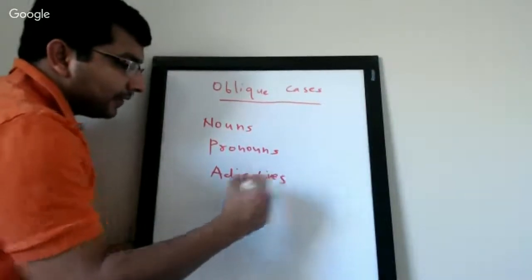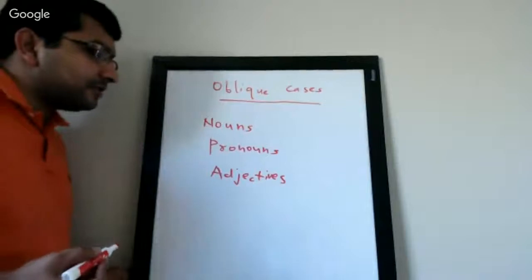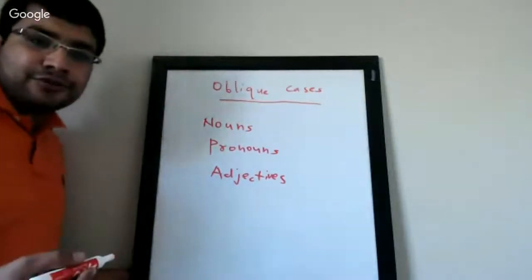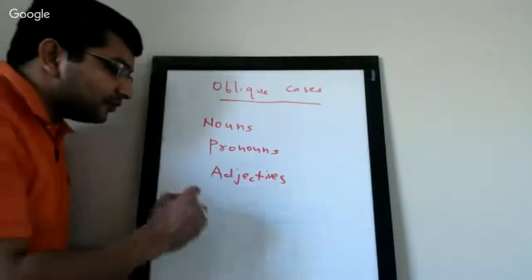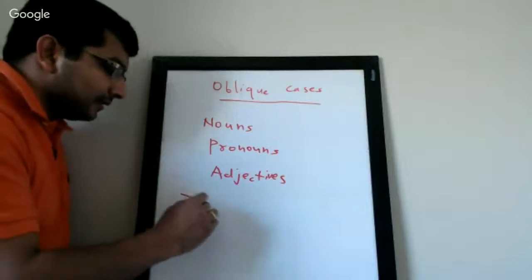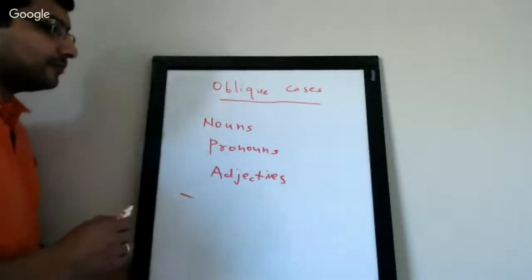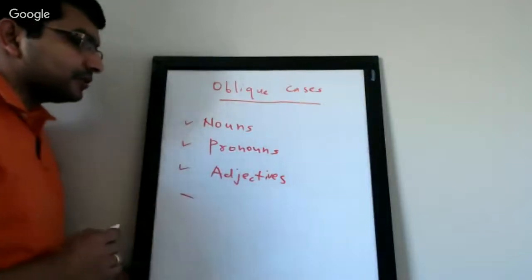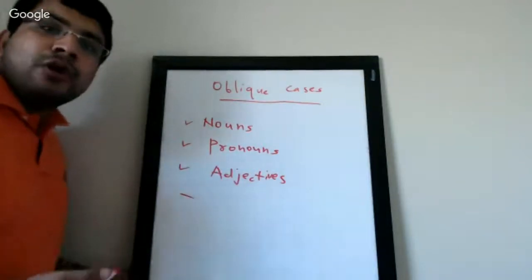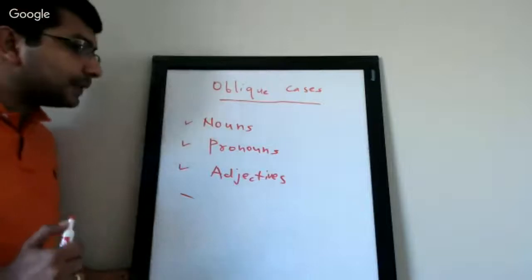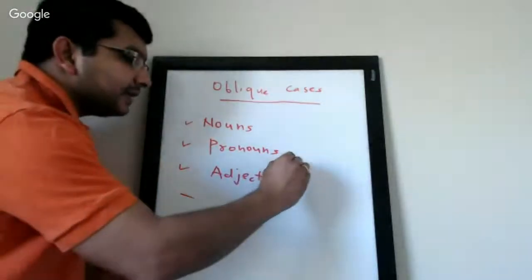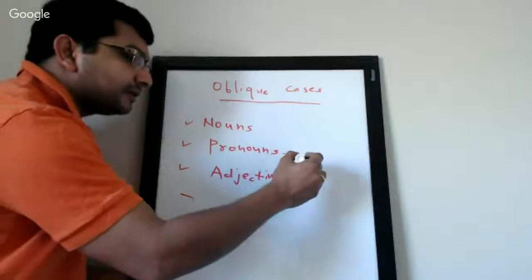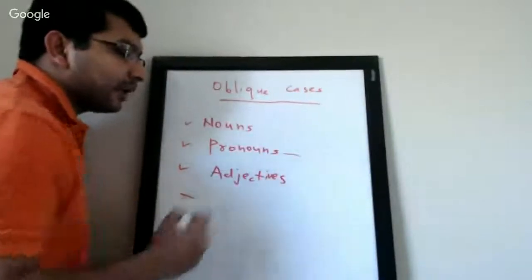As I mentioned several times before, Hindi is a highly inflected language. So whenever you're using any kind of postposition, your noun changes, your pronoun changes, and your adjective changes to a different case. It's no longer a normal case.